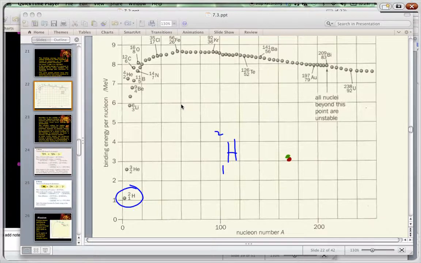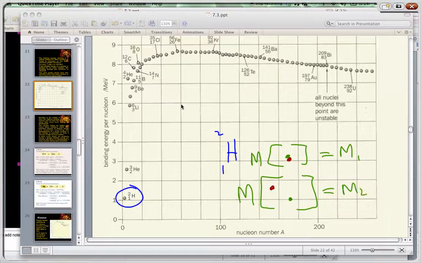Now, if I took the mass of this one proton and one neutron bound together, let me call that M1. And then I also took the mass of the proton and the mass of the neutron separated, individually, and I call that mass 2.